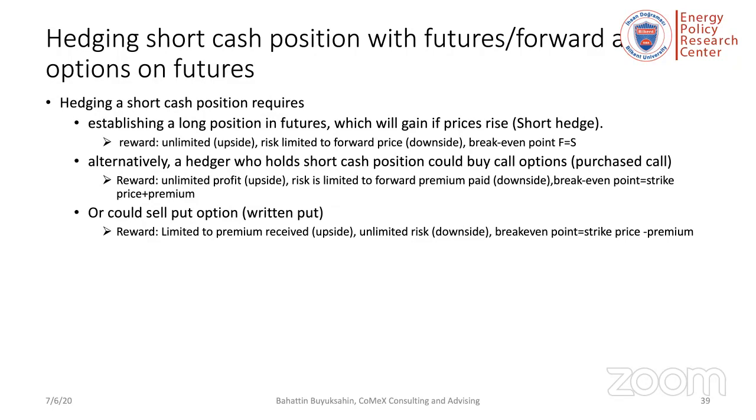Or you could sell, or write, a put option, which we call a written put. Reward here is limited to the premium received in the upside. If prices are moving up, then the risk is unlimited on the downside. The break-even point is the strike price minus the premium.